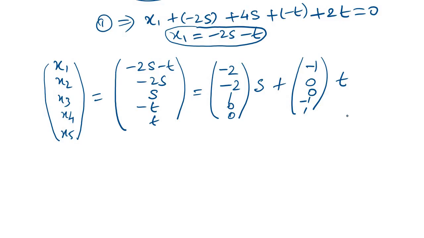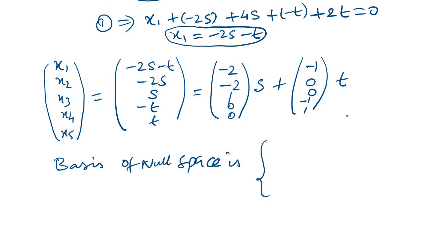You can take the basis of null space as minus 2, minus 2, 1, 0, 0. The solution gives minus 1, 0, 0, minus 1, 1.